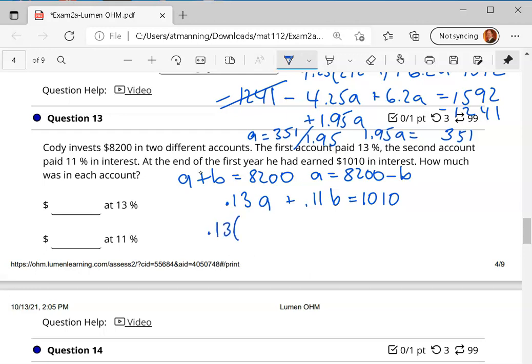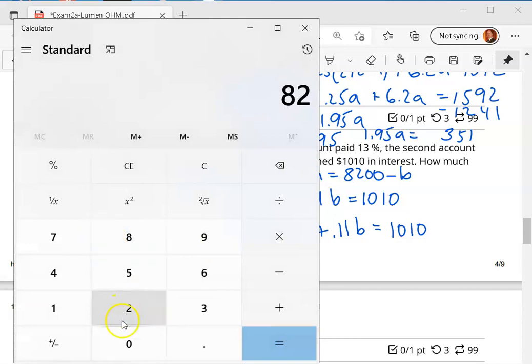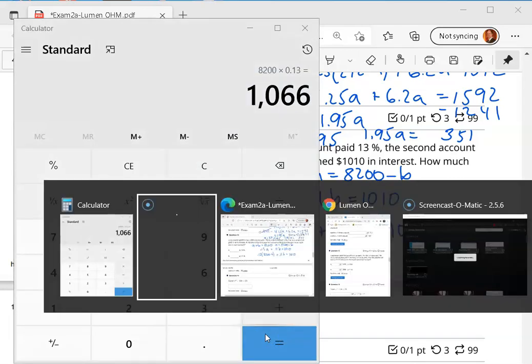Now, I know A equals 8,200 minus B, so let's put that in right here. 0.13 times (8,200 minus B) plus 0.11B equals the 1010. Well, let's multiply out 8200 times 0.13. 8200 times 0.13 equals 1066, right?